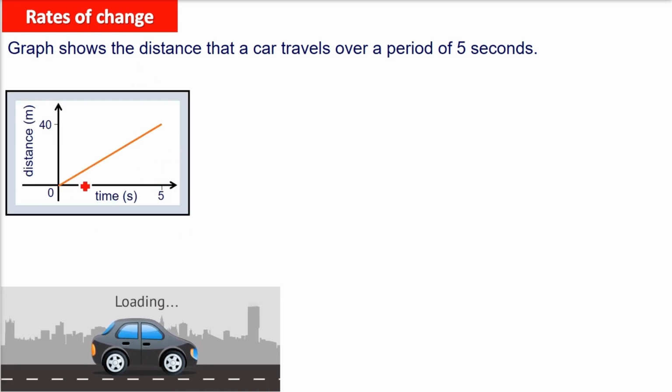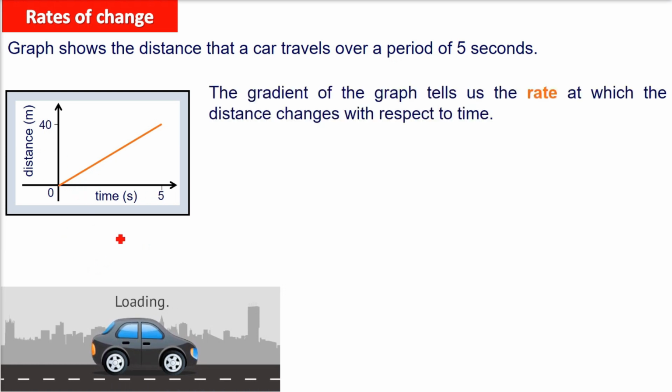Now this is a car. Now this car goes for 40 meters in 5 seconds. So this is a fixed time, fixed distance. So the gradient or the rate of change of this scenario, it tells us what? The rate at which the distance changes with respect to time. As the time progresses, the distance changes.